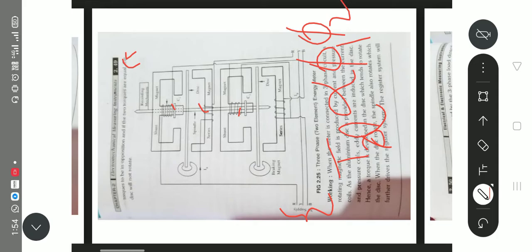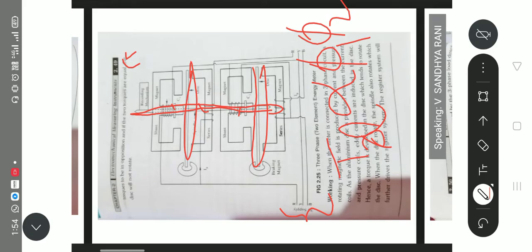Whenever we give the power supply, the aluminum disc will rotate. The spindle is connected with the aluminum disc, so the spindle also rotates with the same rotation. However many rotations the aluminum disc makes, the spindle rotates that many times.